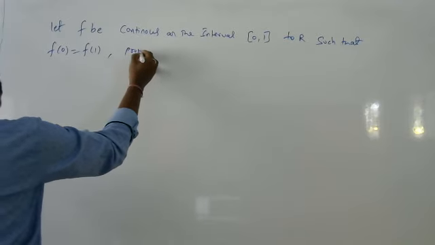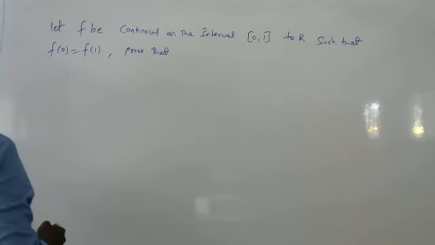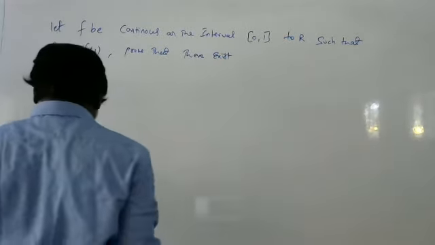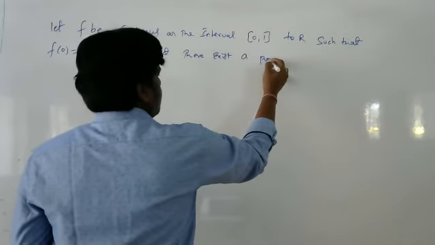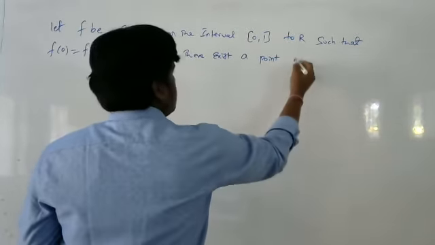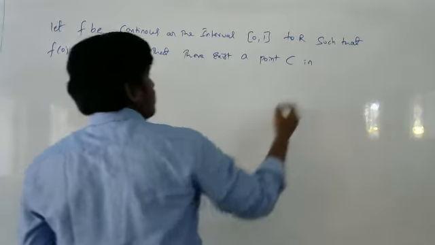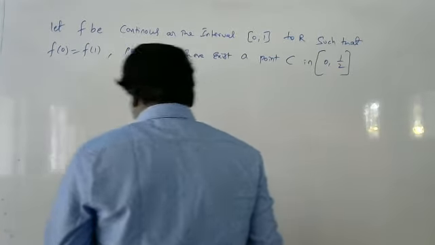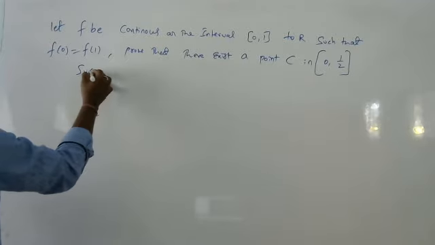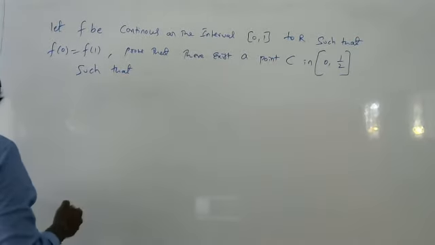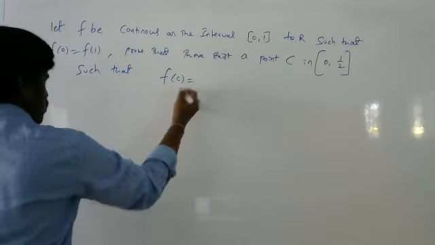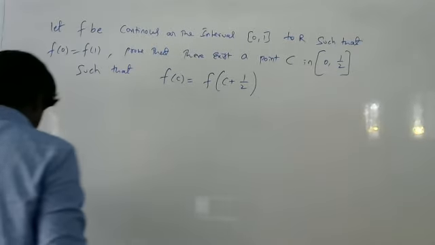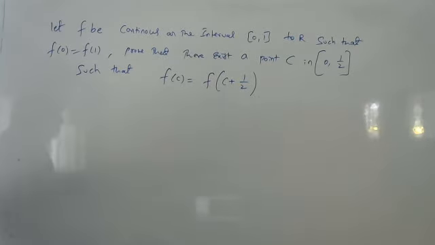Prove that there exists a point c in 0 comma half closed such that f of c is equal to f of c plus half. So this is what we have to prove.